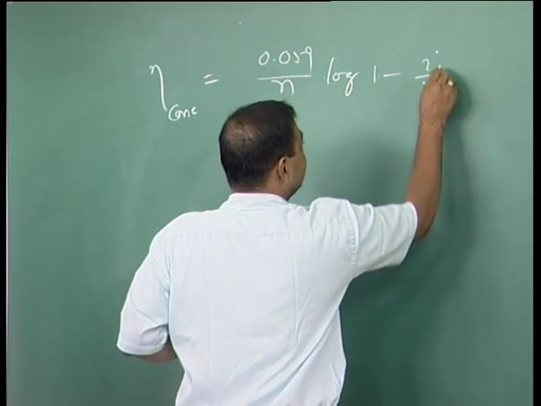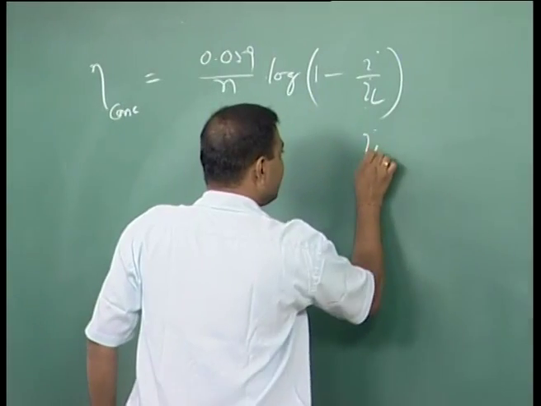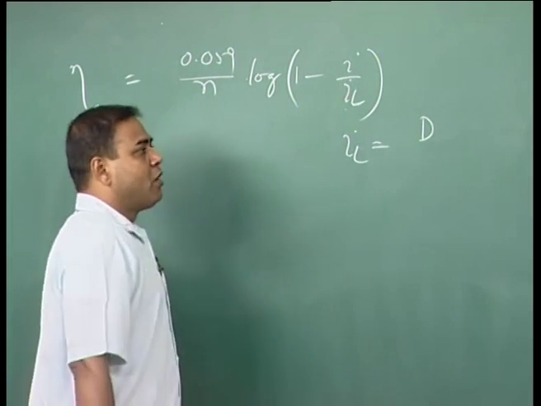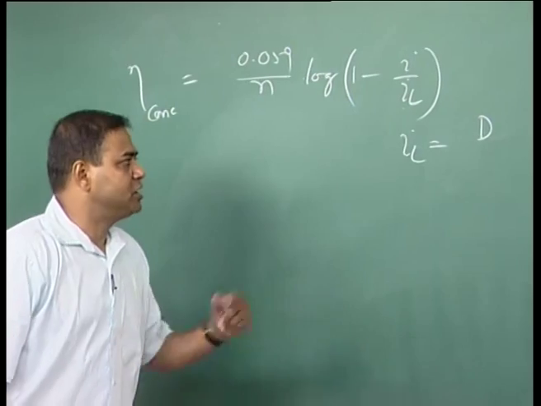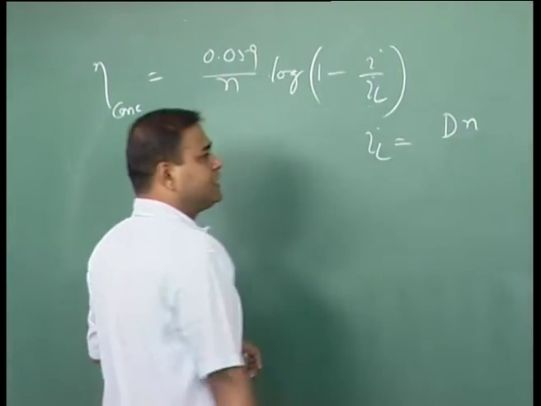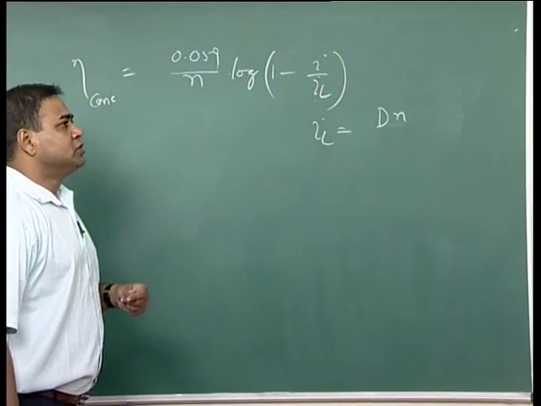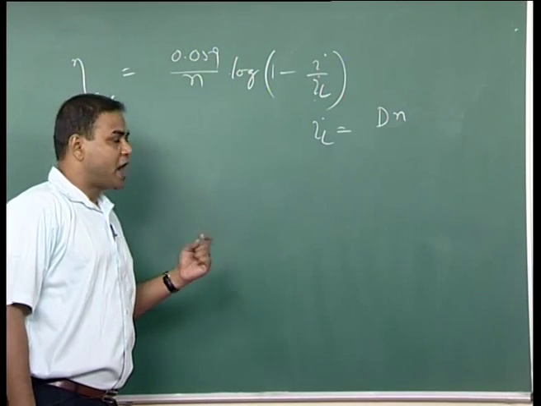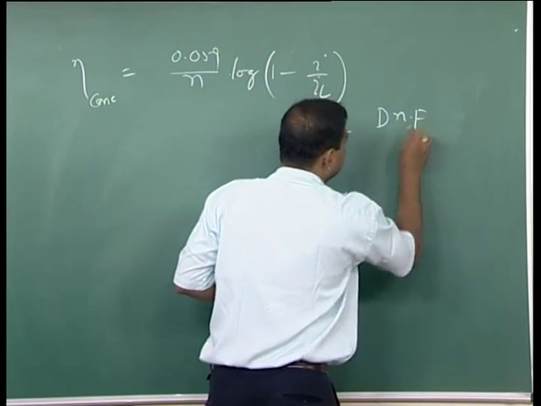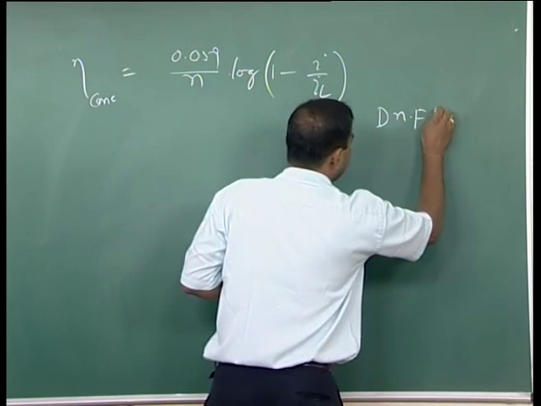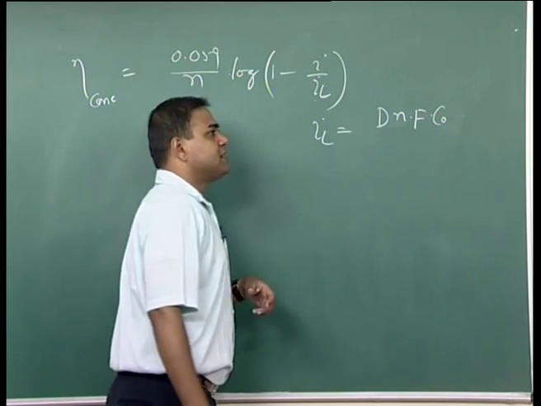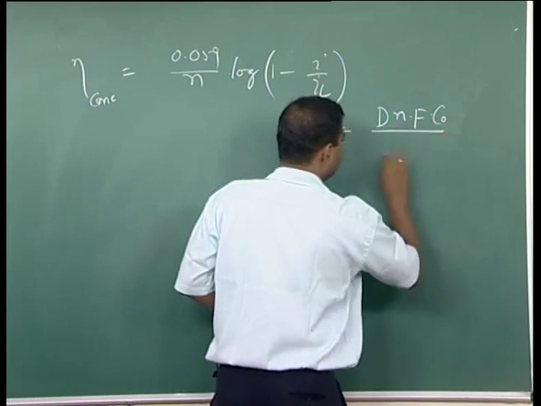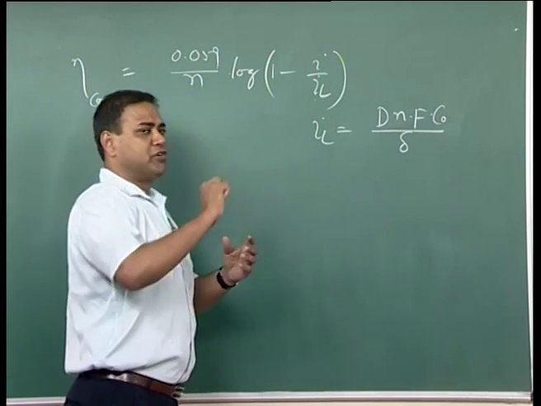I by IL, where IL is equal to the limiting current density, which is nothing but n F D C0 by delta, where D is the diffusivity of that ionic species in the solution, n is the number of electrons that are involved for the reduction of 1 mole of ions, F is 1 Faraday, and C0 is basically the concentration in the bulk of the solution, divided by delta, which is the boundary layer thickness.